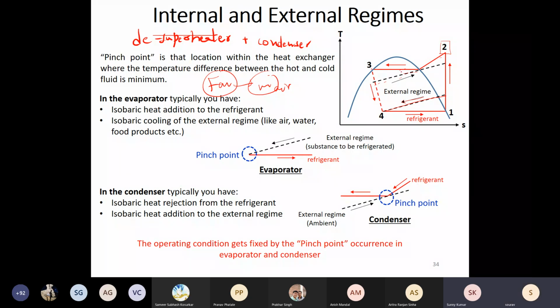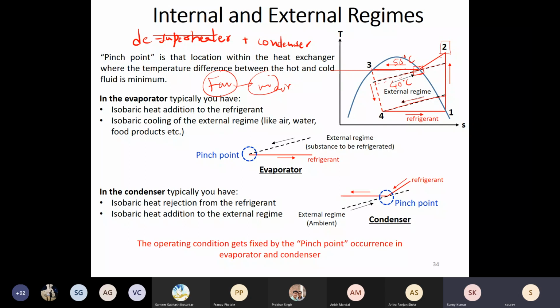If I want my condenser to operate, let's say at 55 degrees C, when the ambient is at 40 degrees C, I have to ensure that these two process lines ensure that at this point you still have some finite amount of delta T. Okay, so this is the extreme case where this point has a technical name.